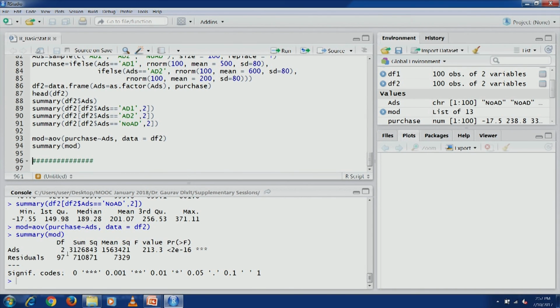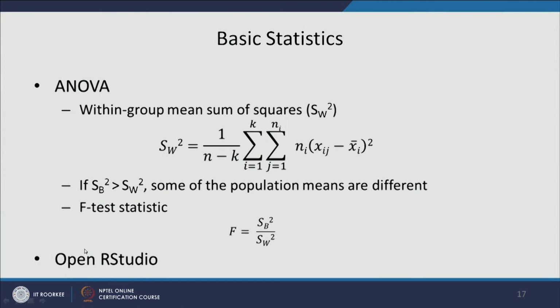You can see in this case the f value is there, and the probability value is there. Because the f value is greater than 1, you can see that the null hypothesis is rejected. You would also see other numbers here, sum of square and mean squares. Those numbers are here. So this is how we can perform the ANOVA test.